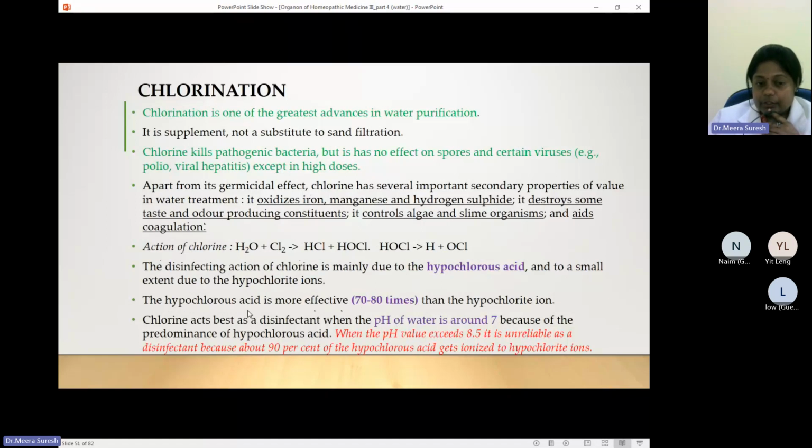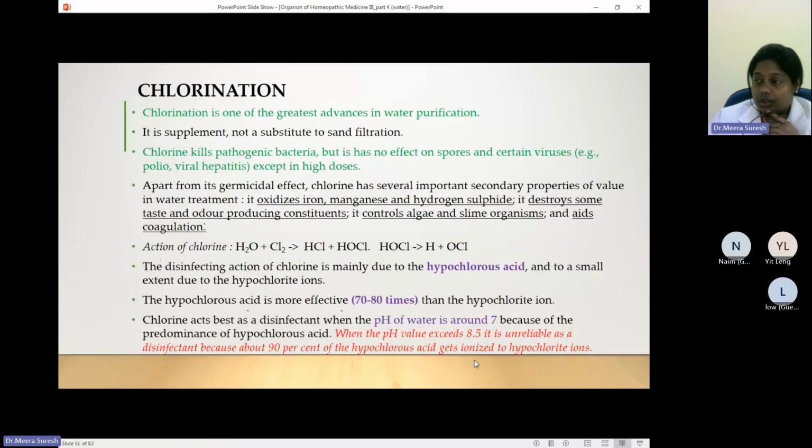And this sentence is also important, the coming up one. Chlorine acts as the best disinfectant when the pH of the water is around neutral, that is around 7. Then chlorination works very efficiently. If the pH value exceeds 8.5, or if the water is highly alkaline, then we shouldn't go for the chlorination method.